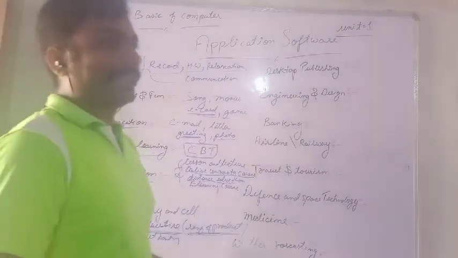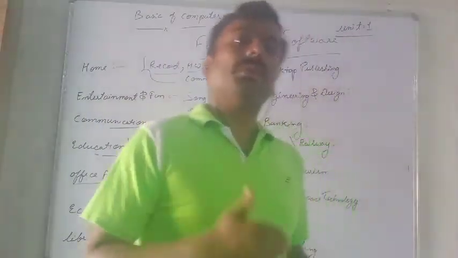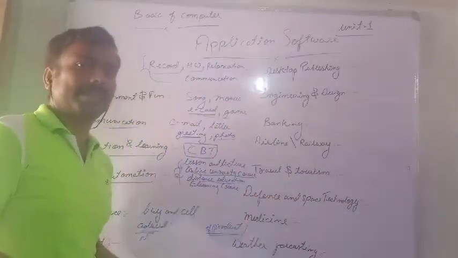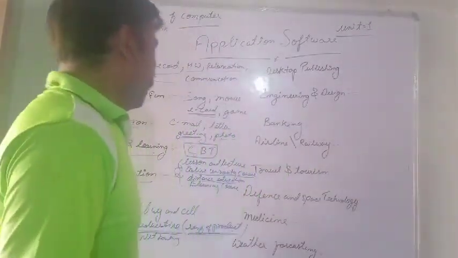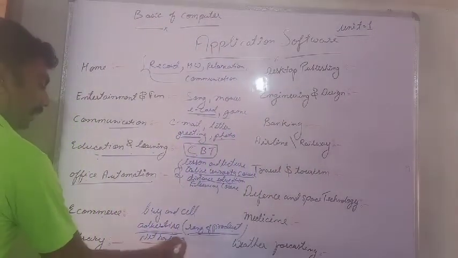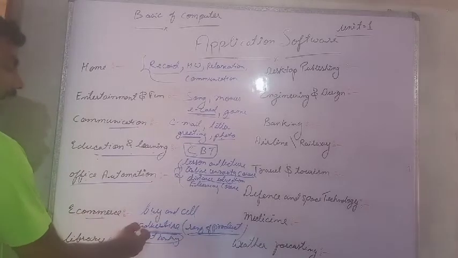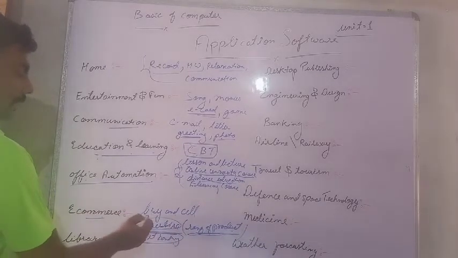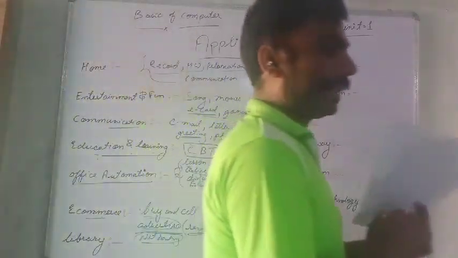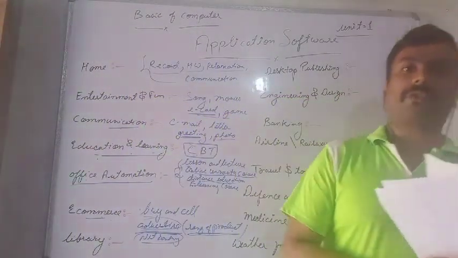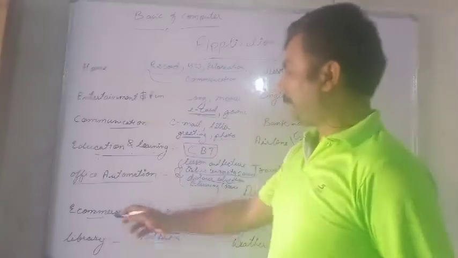Or you can put money into your wallet, so you will get some more facilities if you have money in that particular application wallet. So this kind of task is there in e-commerce. This is also one kind of task in e-commerce, and the three tasks I told you are executed or run with the help of application software in this particular field.